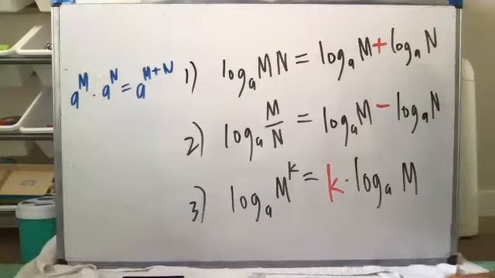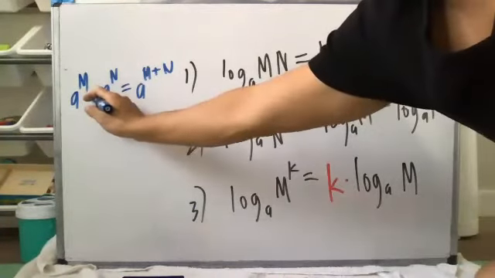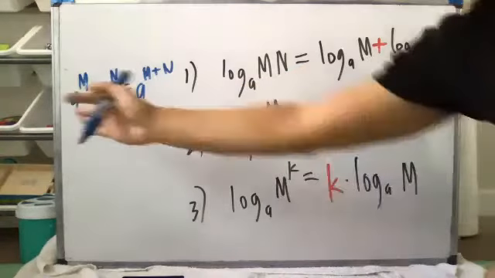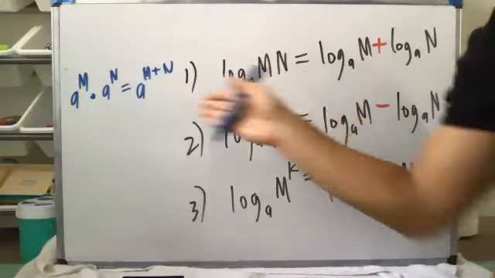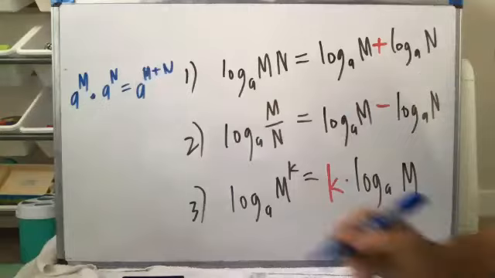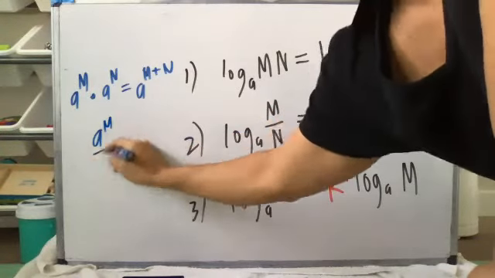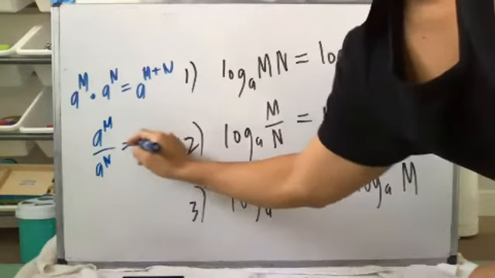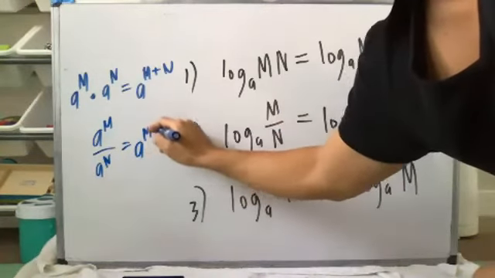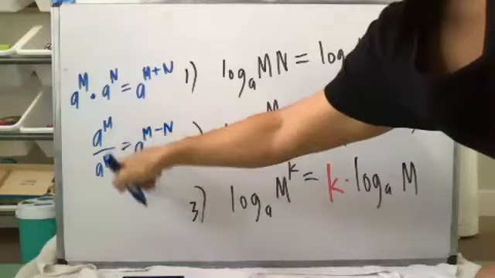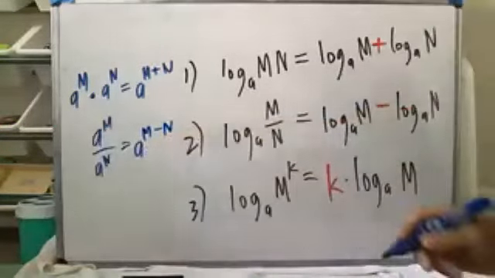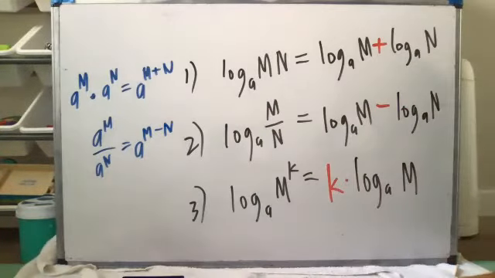You guys remember that from laws of exponents? That just follows from the definition of what an exponent is. It just means you multiply it a bunch of times, so this is how many times you're multiplying it together. And similarly, a to the m divided by a to the n is equal to a to the m minus n. It takes this division and changes the exponents to subtraction.